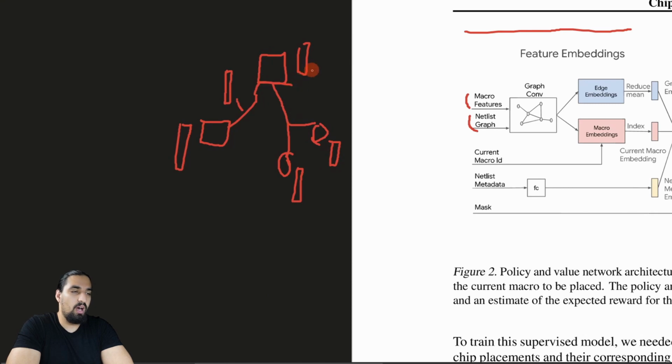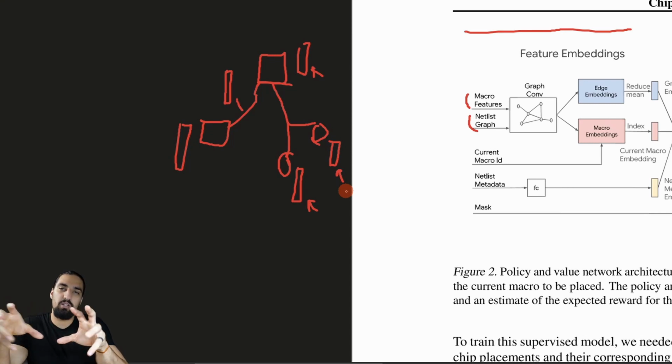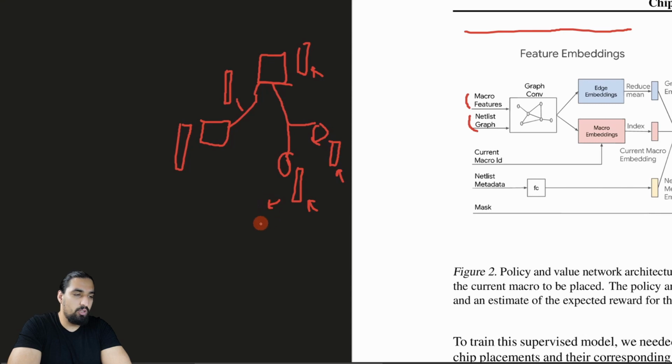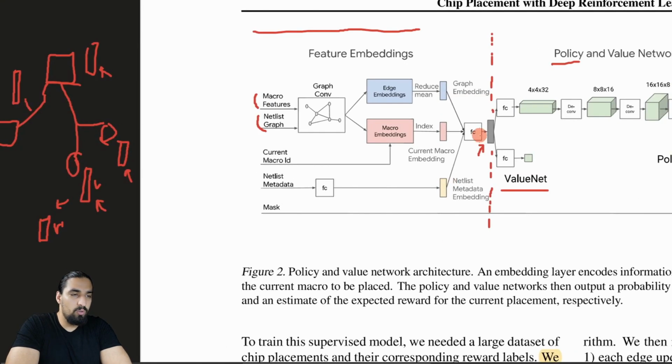So it will take those feature vectors like this one and this one, and it will somehow combine them with this one. So it's using this relational inductive bias of connectivity, and it's accumulating those feature vectors to create a new novel representation. So this is going to be something maybe of a smaller dimension. Let's call it V prime. If this was vector V, this is V prime. And they are going to output that as the output of GNN.